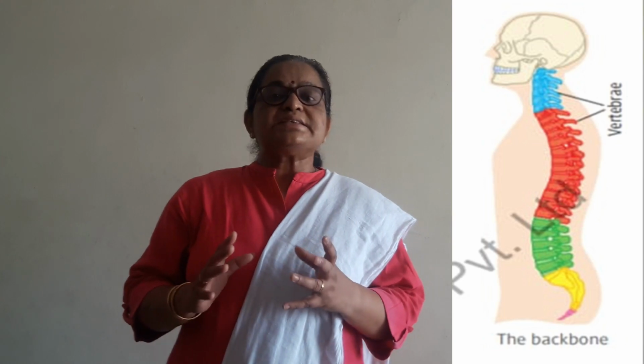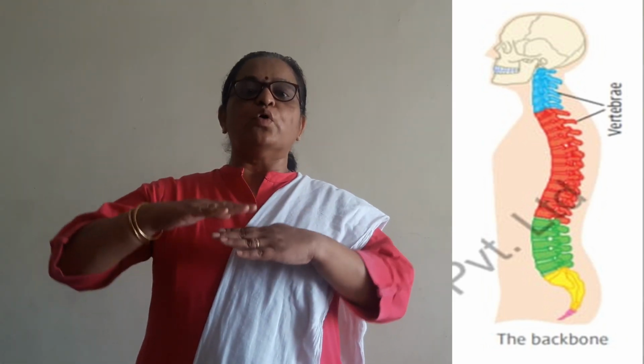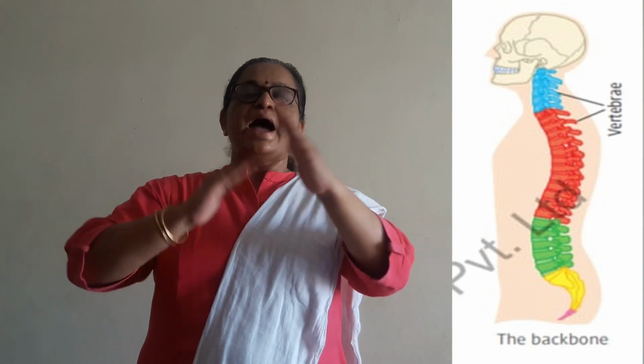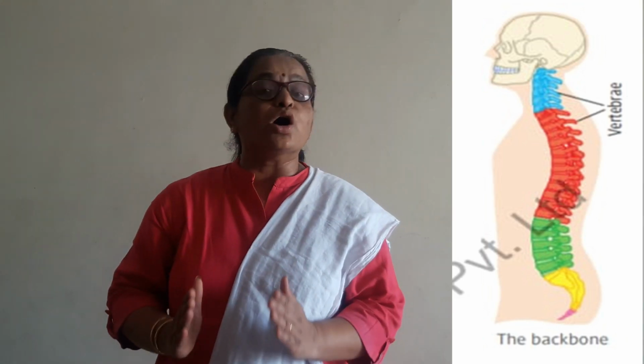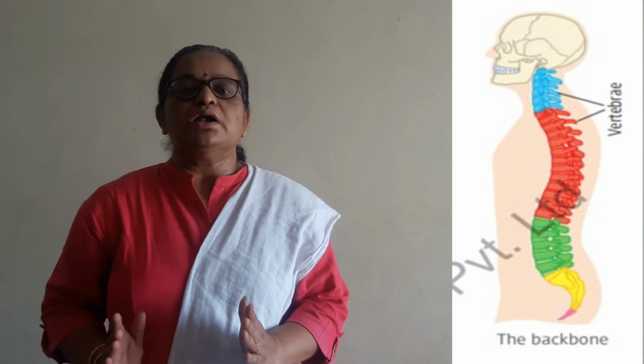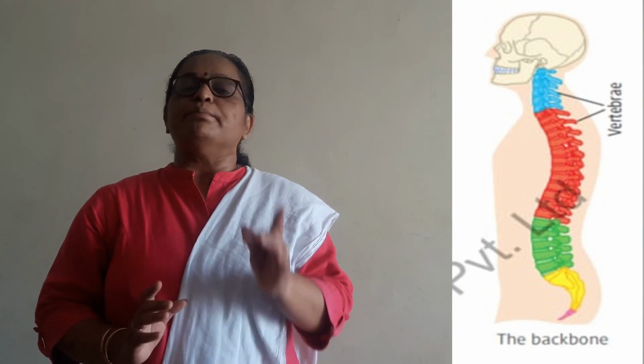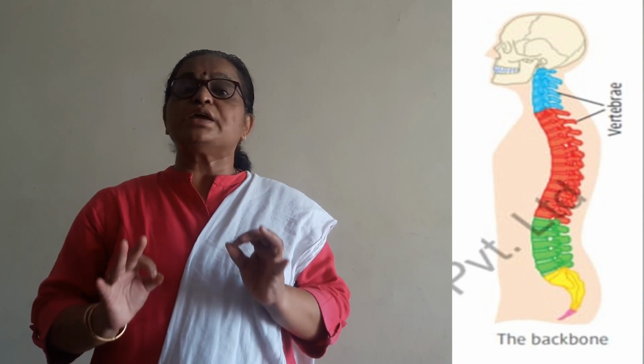Now, these 33 small bones are arranged one above another and they form a column, and that column is called vertebral column. Understood? In backbone there are 33 bones.